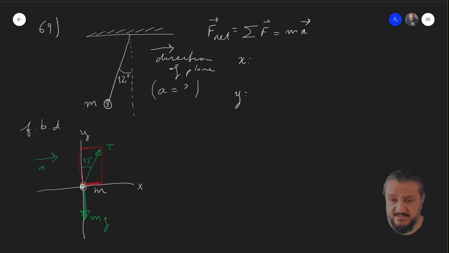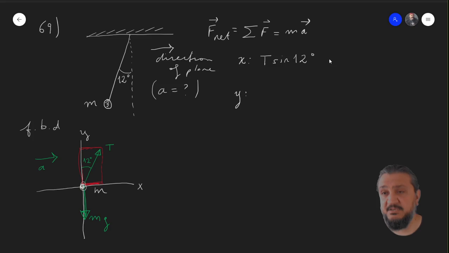Okay, so when I write the equation here, I write T sine 12. So T sine 12 degrees is the x component of the net force. It happens to be the x component of the tension, since mg doesn't have any x component.